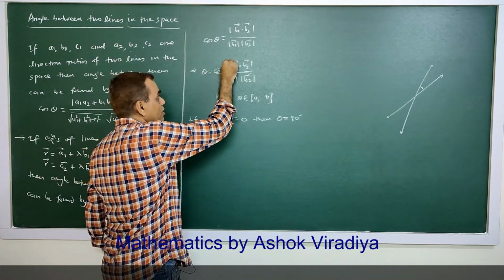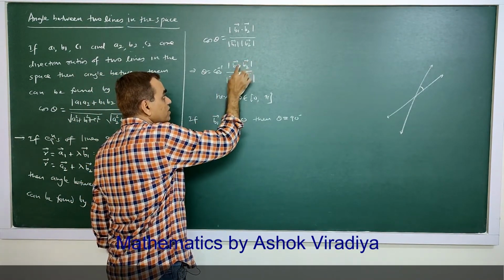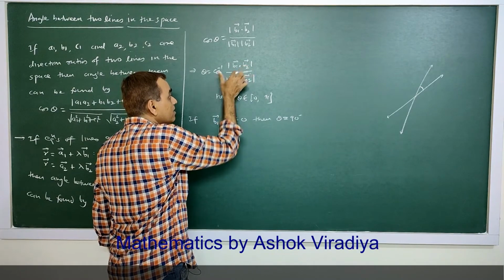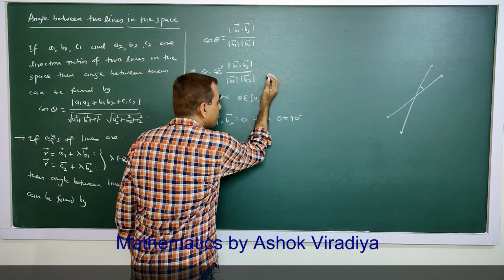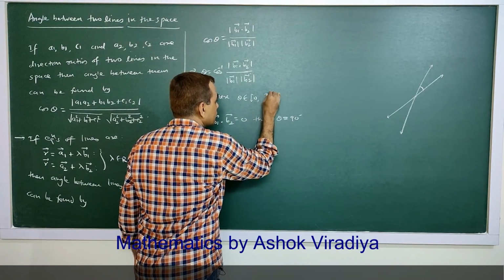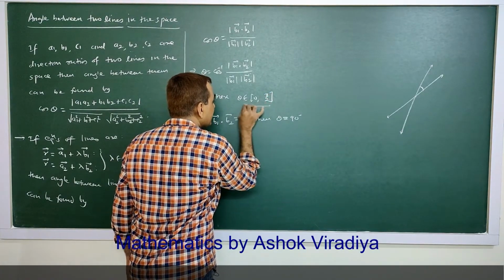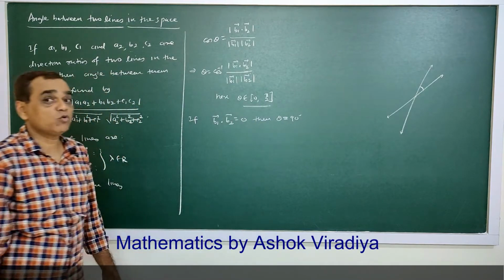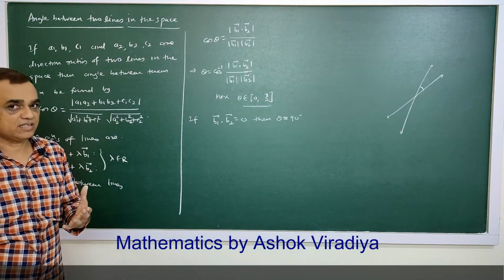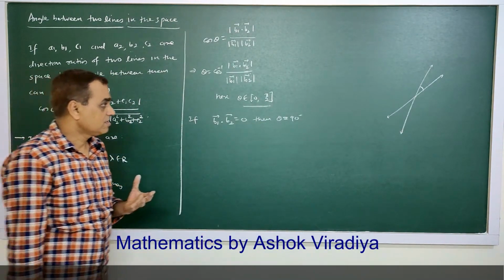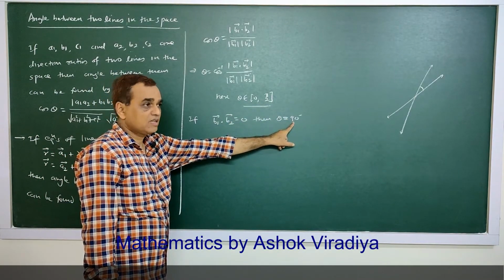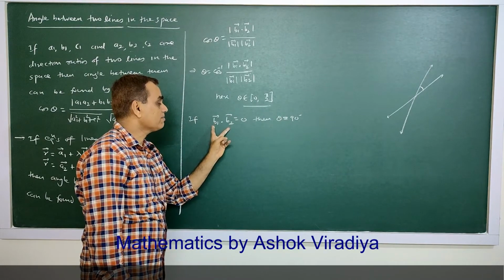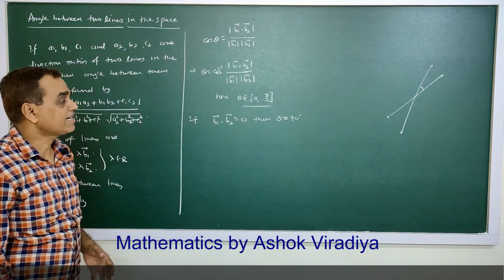Because here it is a modulus, when cos inverse works on a positive number, it generates a value between 0 and pi by 2. The angle between lines always belongs to 0 to pi by 2. It must be an acute angle. So pi by 2, that means 90 degrees. When lines are perpendicular, the angle between them is 90 degrees.